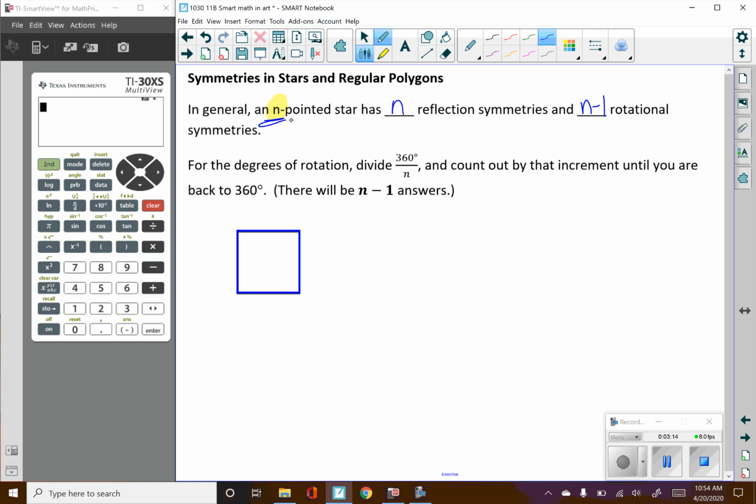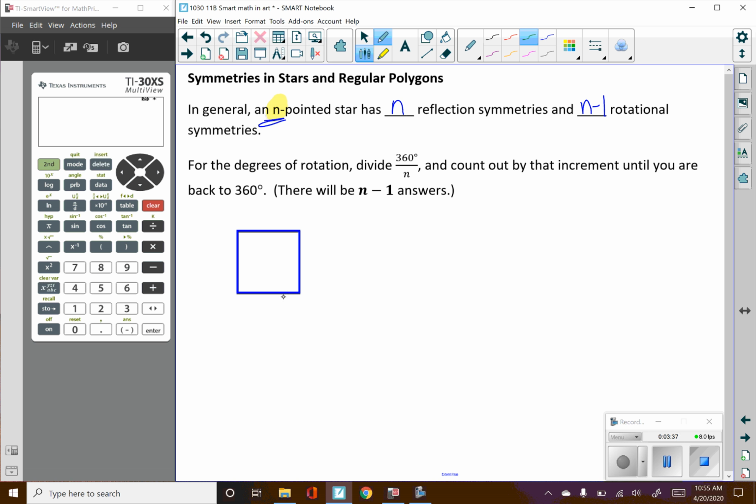We'll do a couple examples so you'll get what that means. You can find the degrees of rotation for rotational symmetry by dividing 360 degrees by n, and then you'll count out by that increment and you'll have n minus 1 answers. That's a lot of words, but you'll get it.